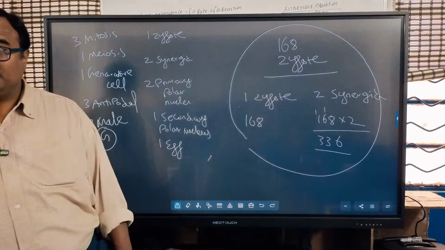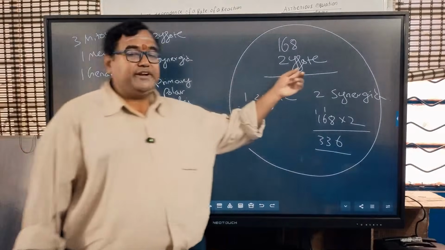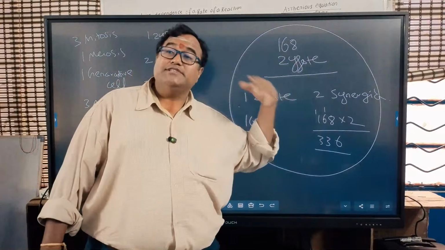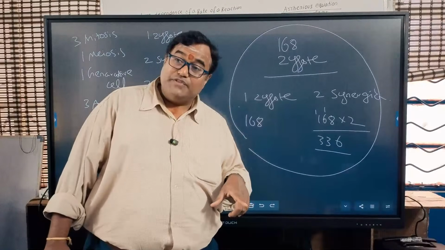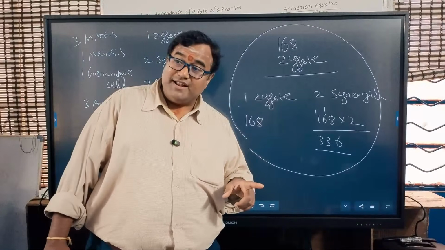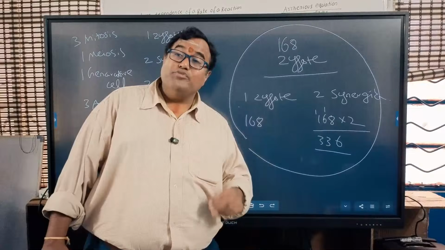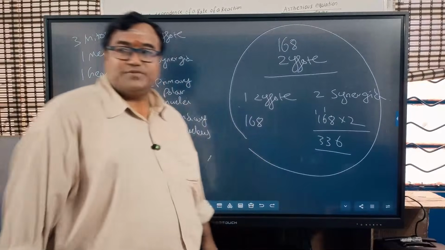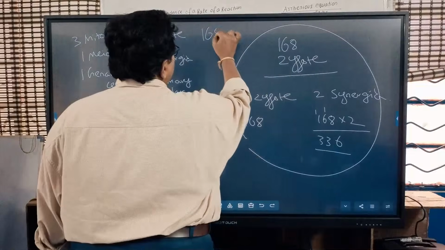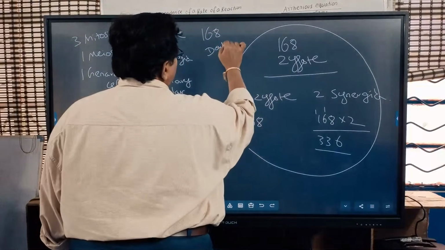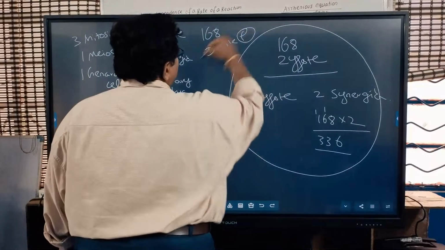For 168 eggs, we require 168 double fertilizations. For 168 zygotes, how many fertilizations? 168 double fertilizations. How many triple fusions? 168 triple fusions. So for making 168 zygotes, I require 168 double fertilizations.